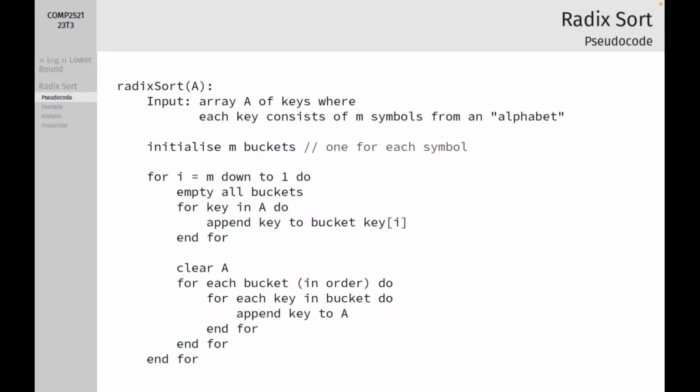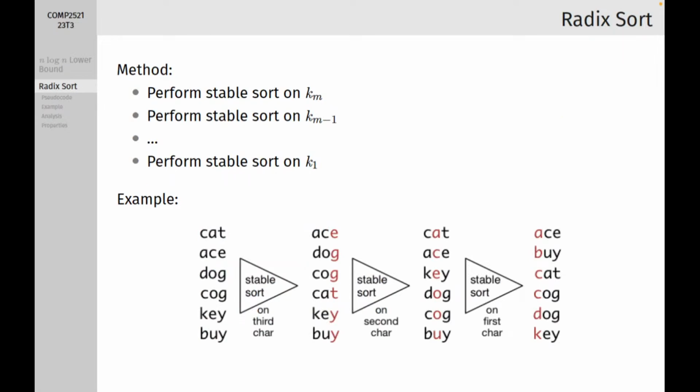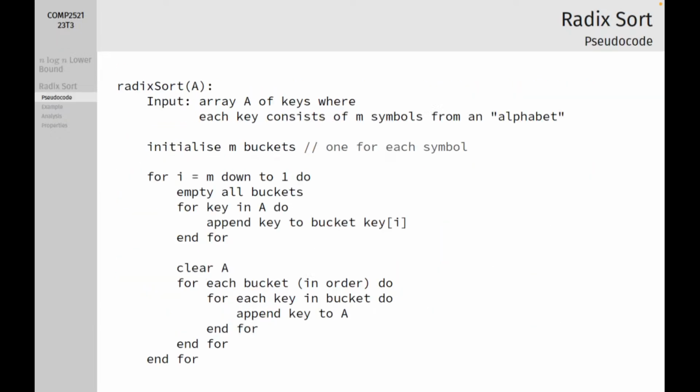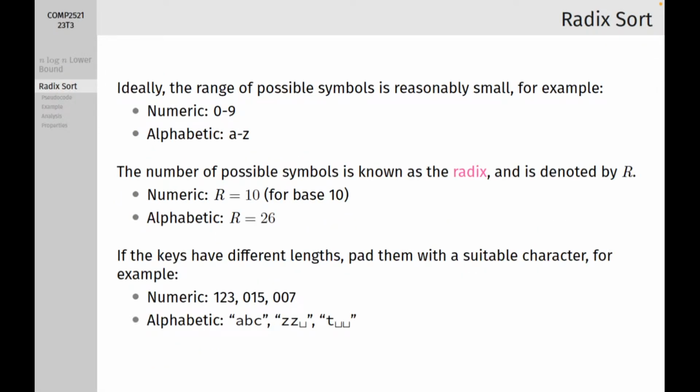This is how radix sort does it, and it relies on the fact that the range of possible symbols is reasonably small. What radix sort does is it creates one bucket for each possible symbol. So if our input is alphabetic, then radix sort will create 26 buckets, one for each letter.